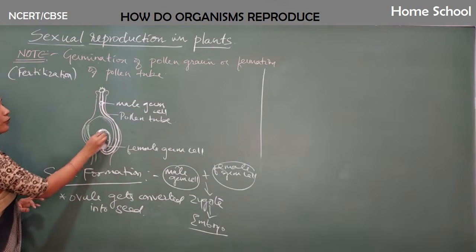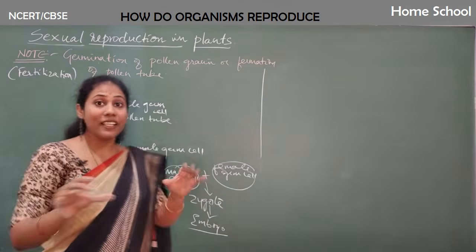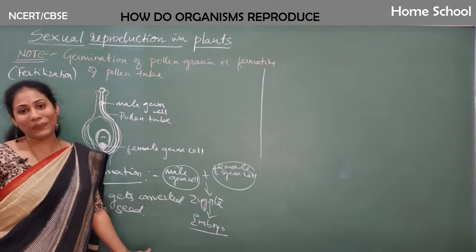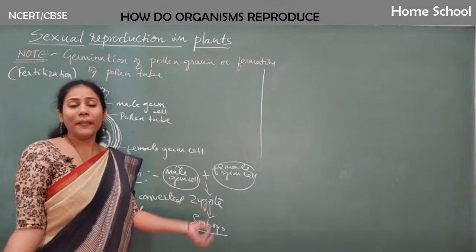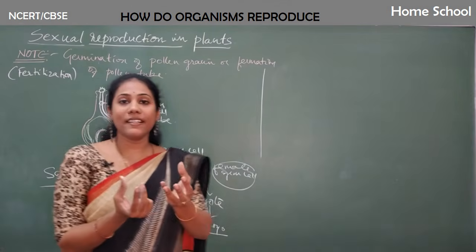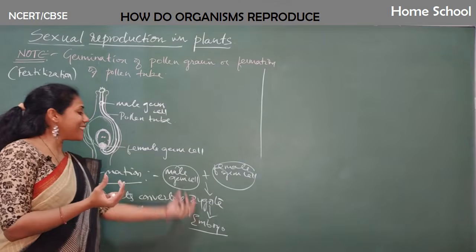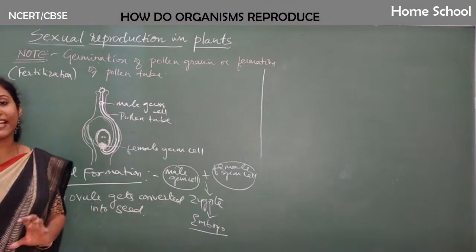So the whole ovule part is entirely converted into that hard seed. Inside the seed you have this living embryo. So that seed is actually protecting the embryo. The embryo is made of very delicate cells, right? So this embryo is getting protected by the ovule. So the ovule is converting into seed, guys.